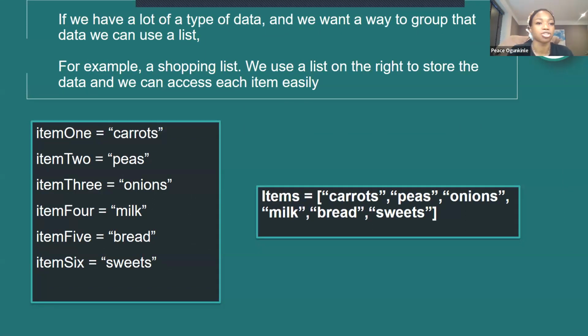You may know of shopping lists, like we use lists every day, but Python also has lists where you can store multiple words, where you can store multiple numbers. So in this list here, it's called items. It stores 6 words: carrots, peas, onions, milk, bread, and sweets. And next slide, please.